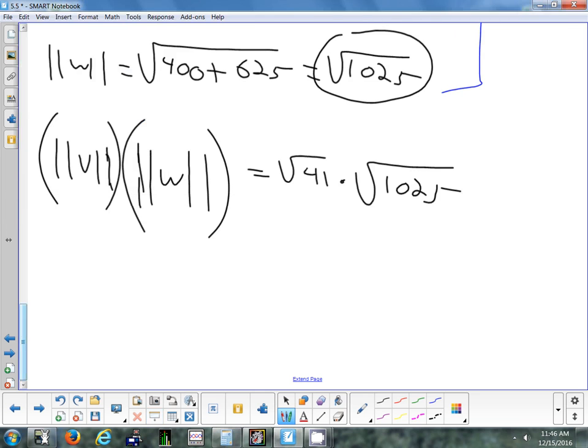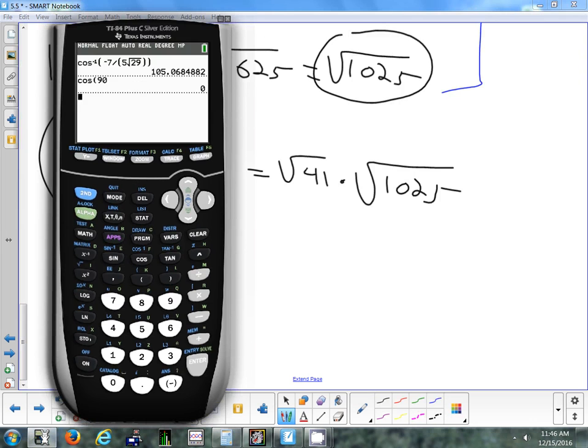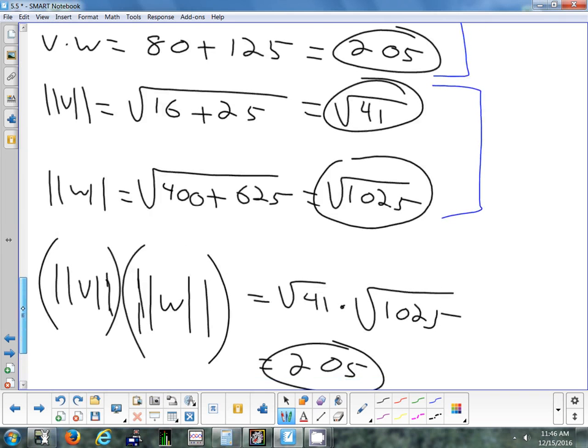You know what, let's use the graphing calculator. So it's square root of 41 times square root 1025. And it comes out to 205. So what does that mean?